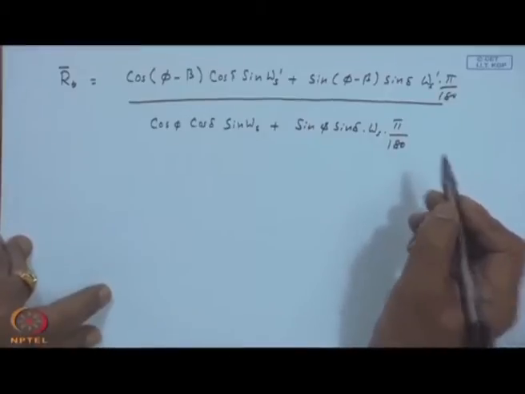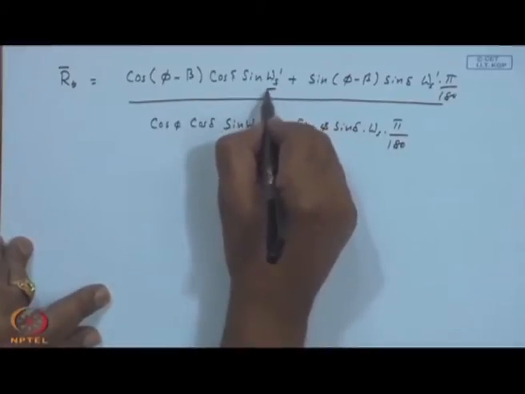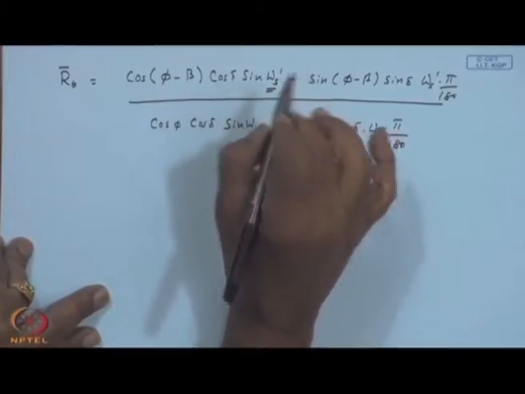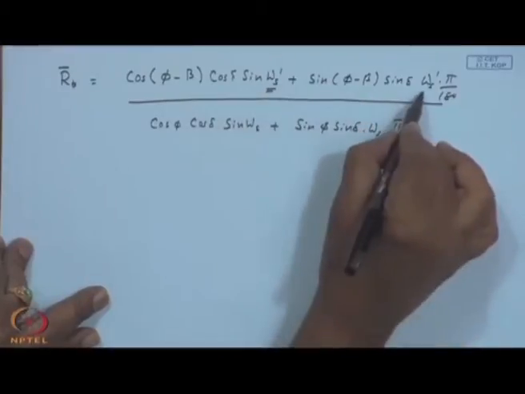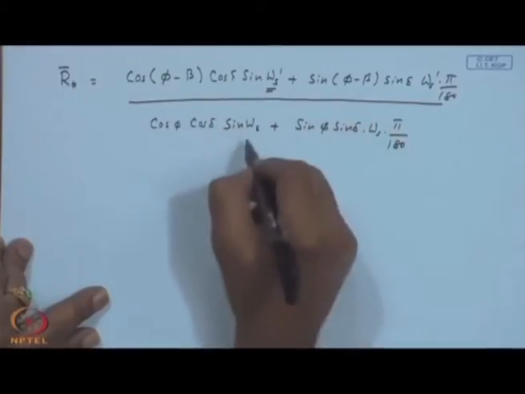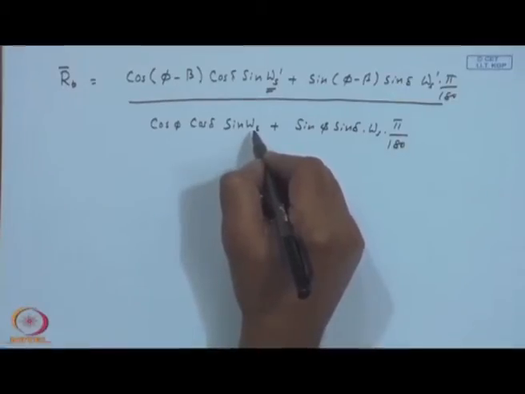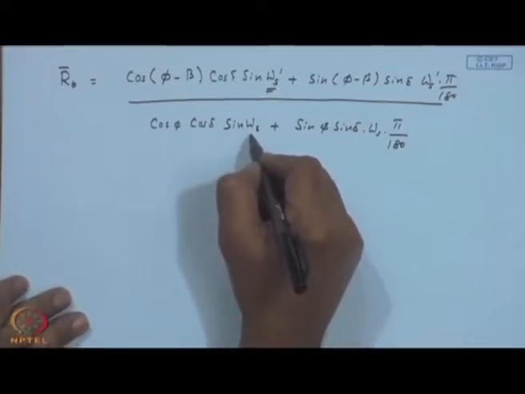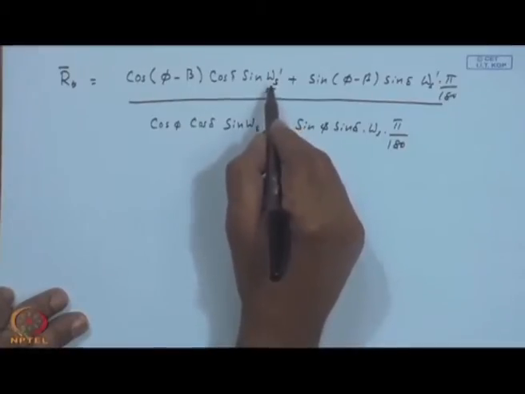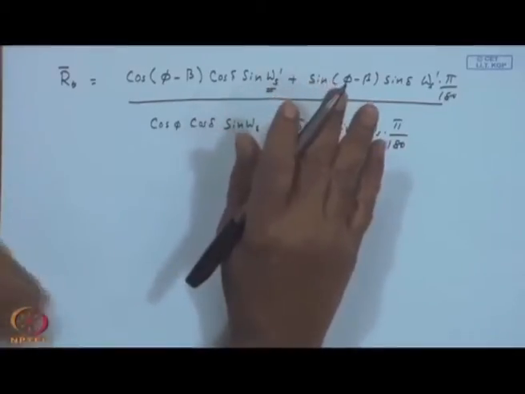Please note that the numerator is with the apparent sunrise sunset hour angle. So, I am deliberately writing omega s dashed, and the denominator is with respect to the actual sunrise or sunset hour angle omega s. Simply because these are numerically equal, do not interchange them, that will become a bad habit.